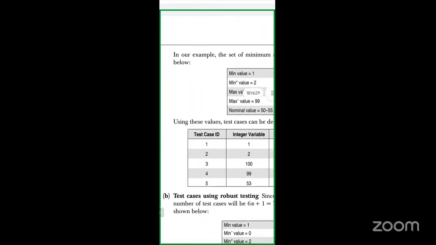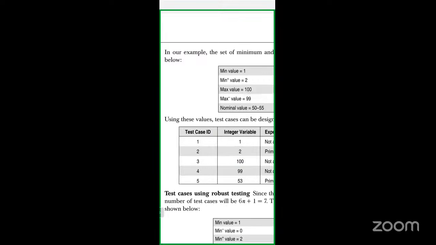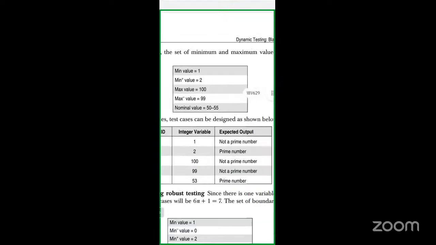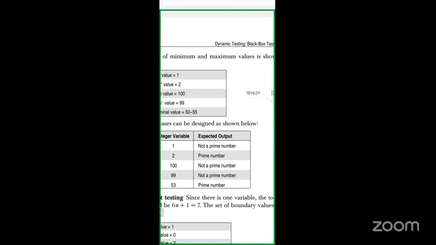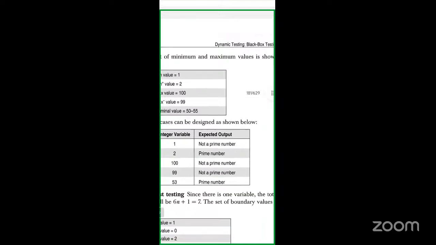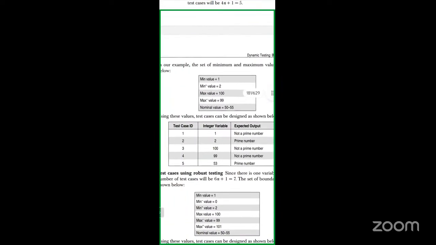So how many test cases are we getting? 5, sir. 5 test cases we are getting.